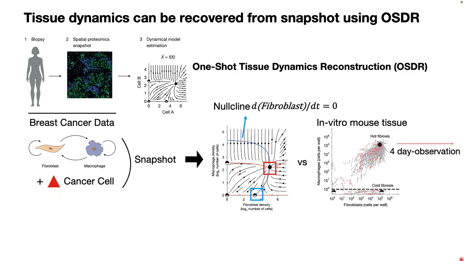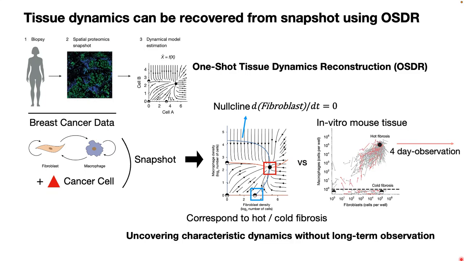And also in their phase diagram, they portray that the hot fibrosis and cold fibrosis are reproduced just from their snapshot data. So they can uncover the blind dynamics without the long-term observation.